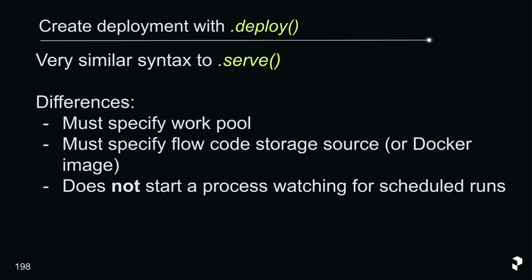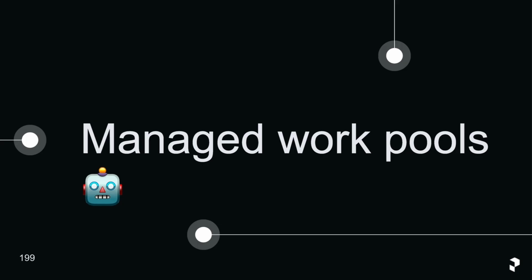You also need to specify flow code storage, so you need to point to a source for where your flow code lives. And it does not start a process that watches for scheduled runs like you would get if you ran .serve, for example. Let's get into managed work pools.